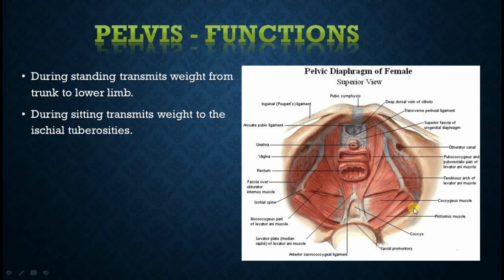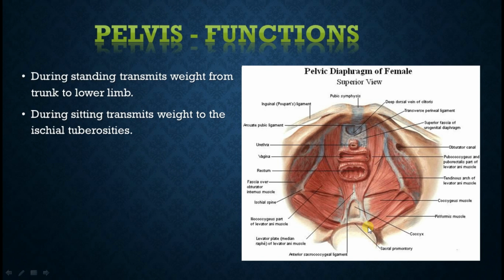Even during sitting, they are involved in weight bearing. Since man has obtained erect posture, the whole of the thrust is felt on the pelvis. That is why you need a strong bony framework.